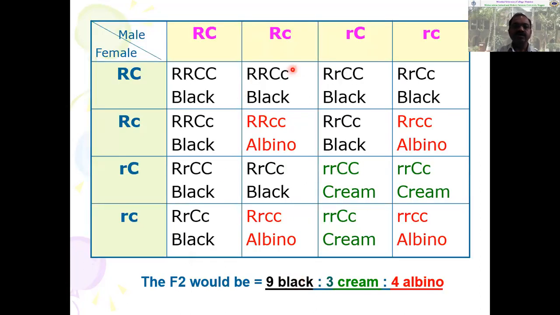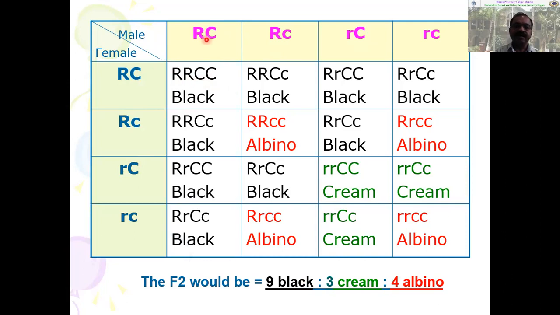If you use the Punnett square method for the crossing, there will be 4 male gametes and 4 female gametes. After these crosses, what would be the genotype and phenotype? Let's go here.